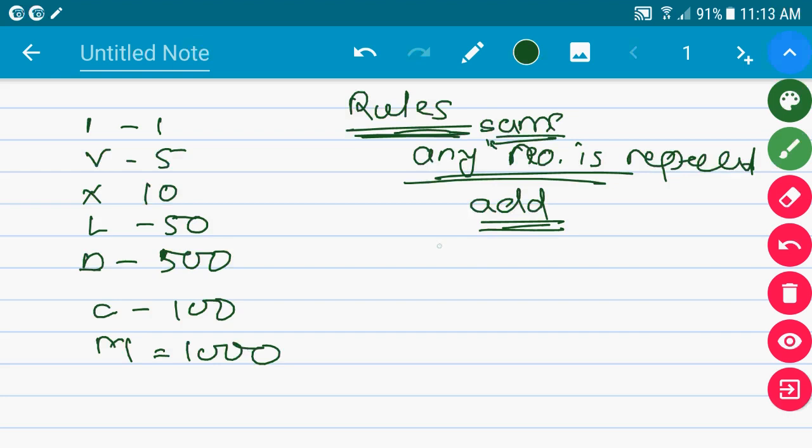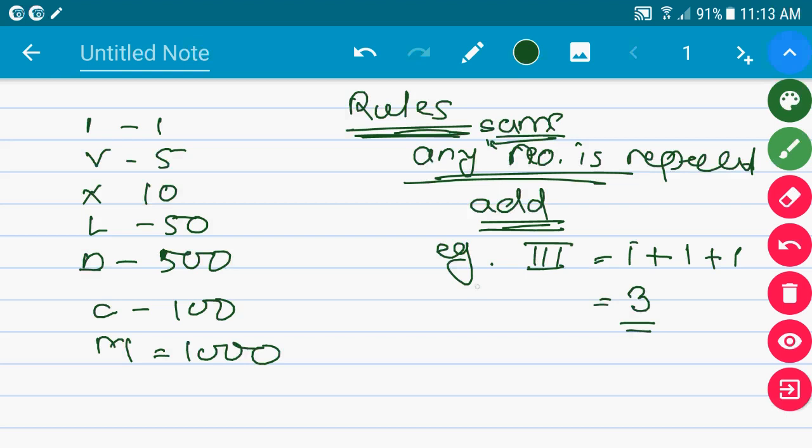How? So for example, I 3 times means what? Single I represents 1, so 1 plus 1 plus 1, so 3 times this sign represents number 3.